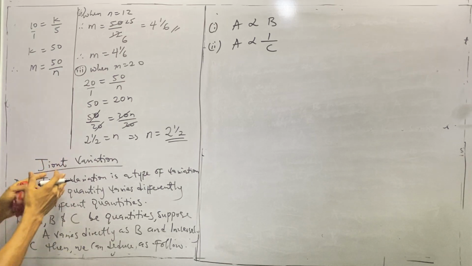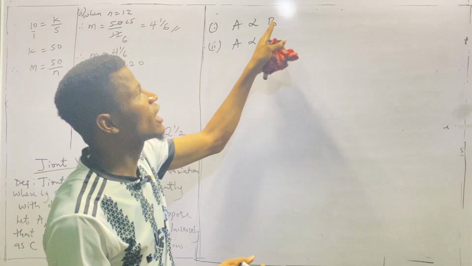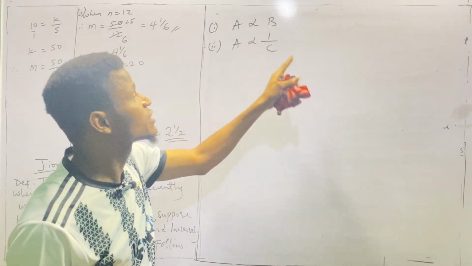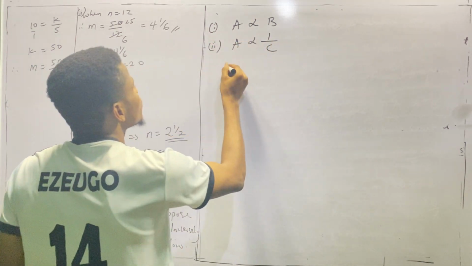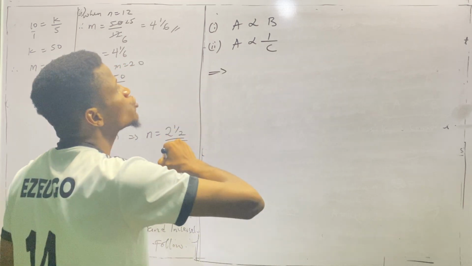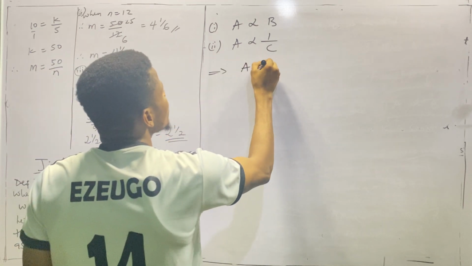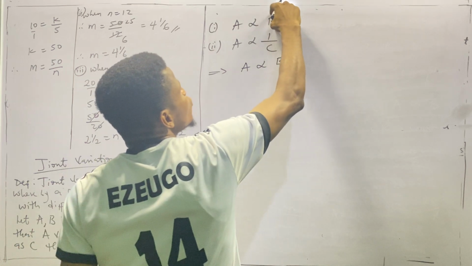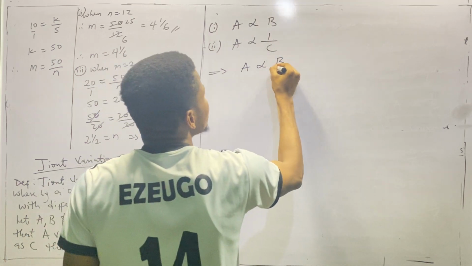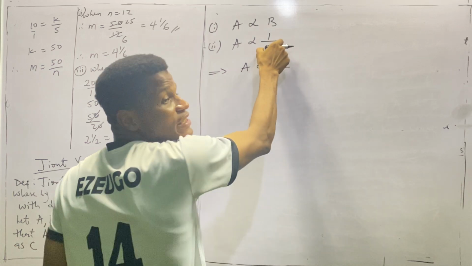So joint variation can only come when a particular quantity has a different or diversified variation with different quantities. From here we can conclude that A varies directly as B. The direct variation is a numerator, and the inverse is a denominator.